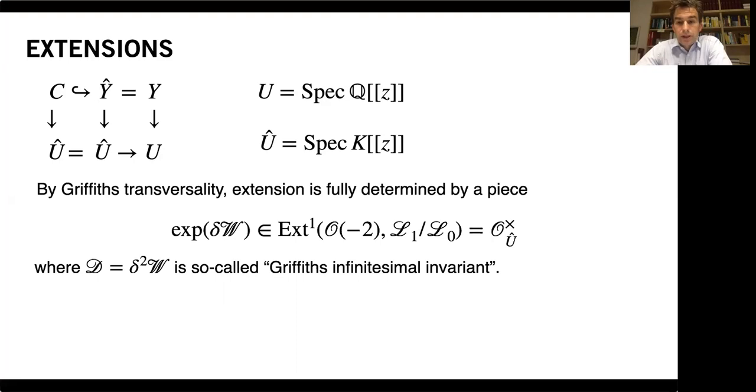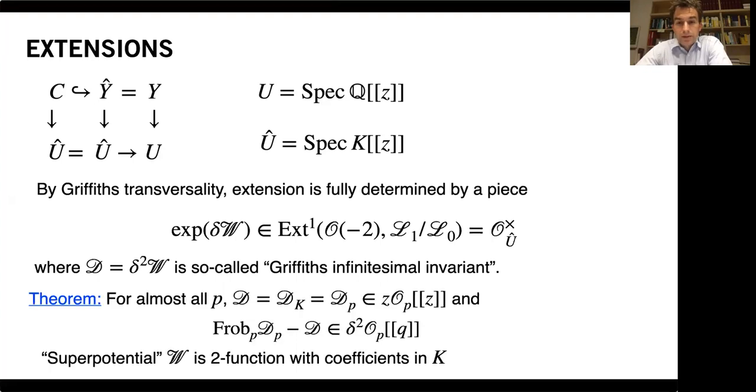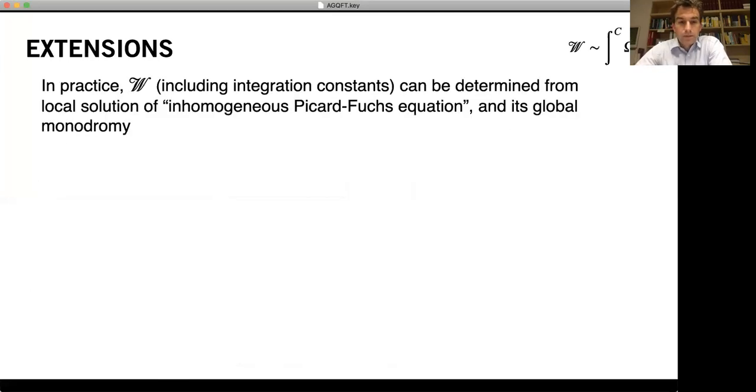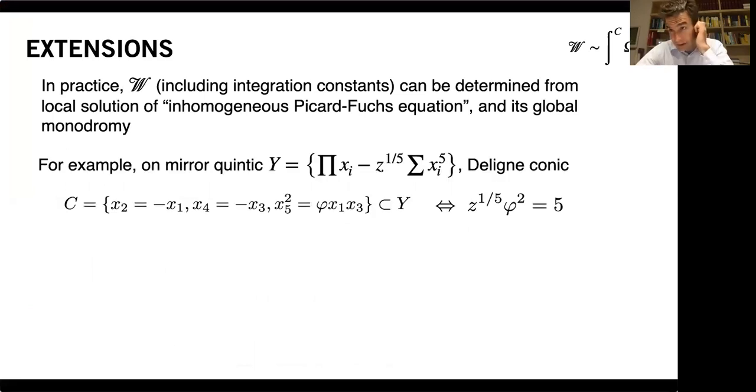So here you also have one more function, which is I guess either Griffiths' infinitesimal invariant or the W, which is the superpotential. And by using similar arguments as before, you show that this superpotential is a 2 function with coefficients in K. And again, you can also get the constants from integrating from global monodromy.